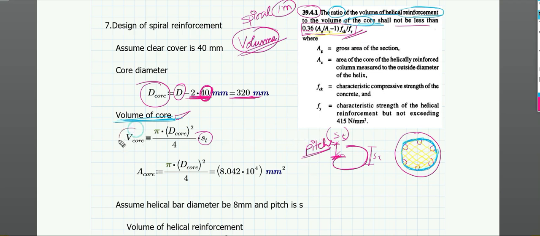V core, volume of the core in one pitch of the spiral reinforcement, is pi d square by 4 into st, and the area of the core will be pi d square by 4. Now assume the helical bar dia as 8 mm, and the pitch is st.